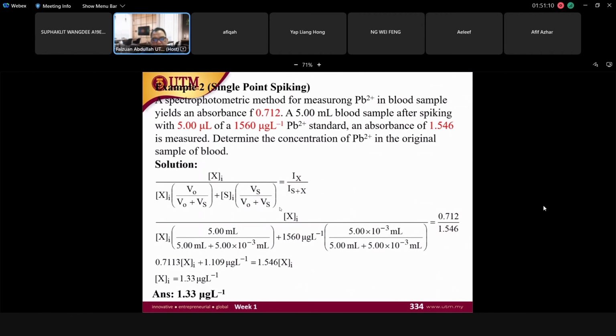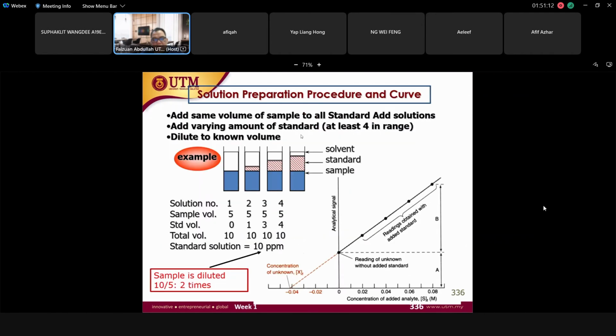And then the difference is the amount of standard. For example, lead: we put lead standard from 0, 2 ppm, this one 4, 6 ppm, and one more 8 ppm. But the amount of sample that we put is similar, 20 ml.